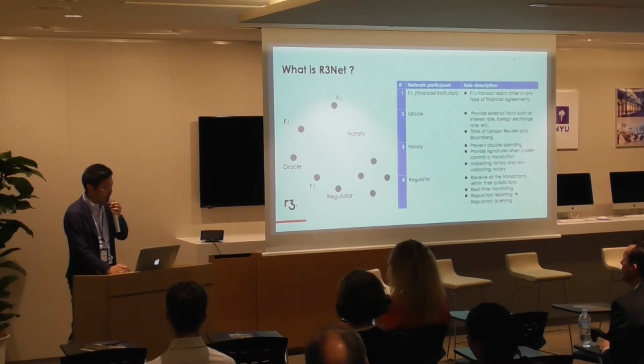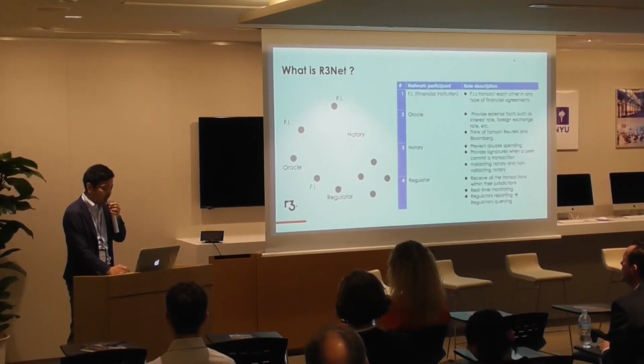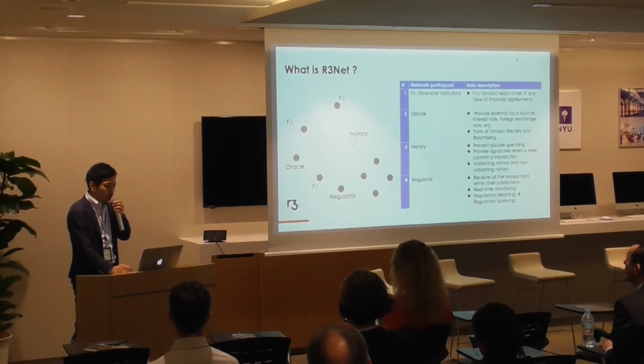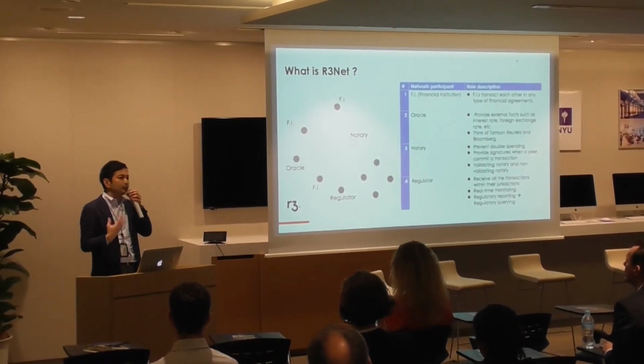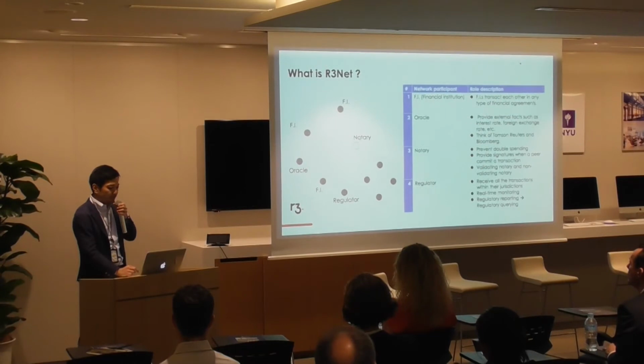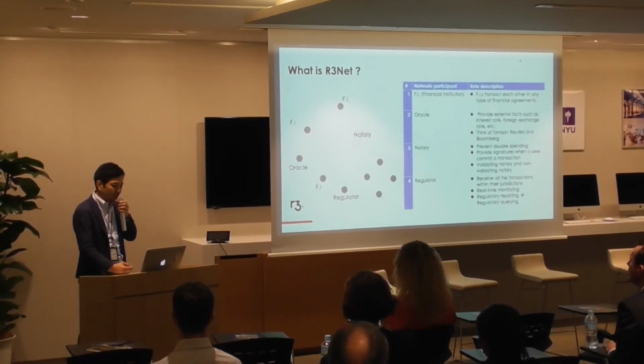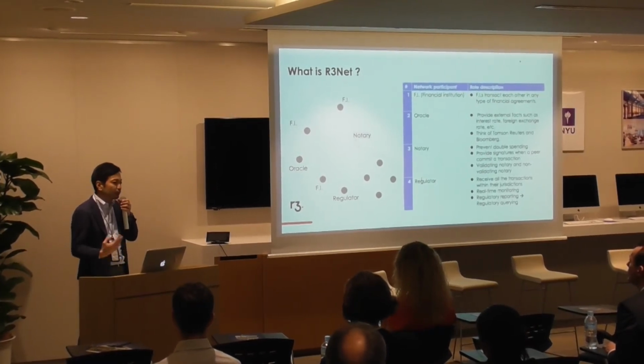And the notary is one of the nodes, but which provides a kind of proof of work. I don't want to go into detail today, but the role of the notary is like proof of work in Bitcoin.